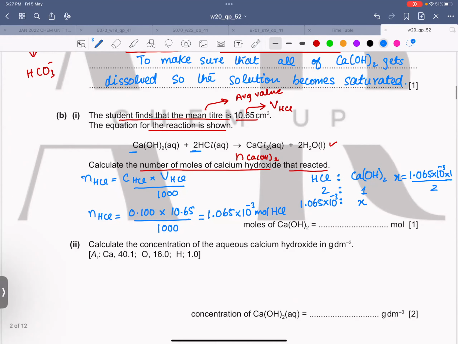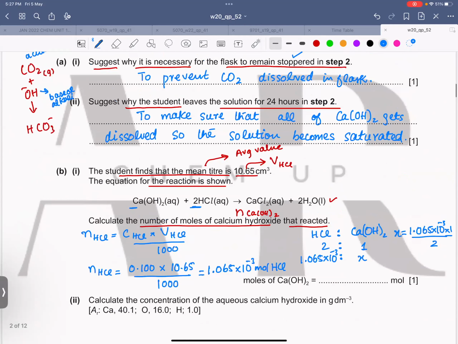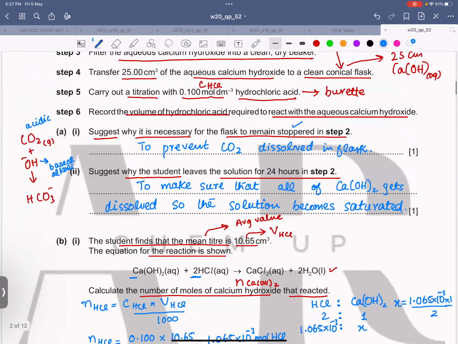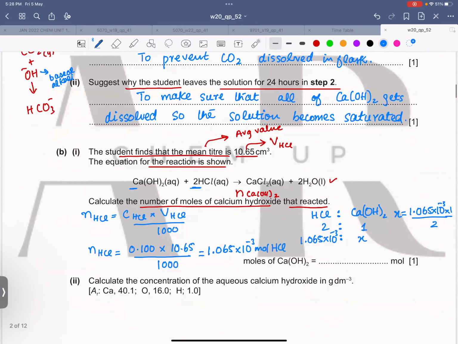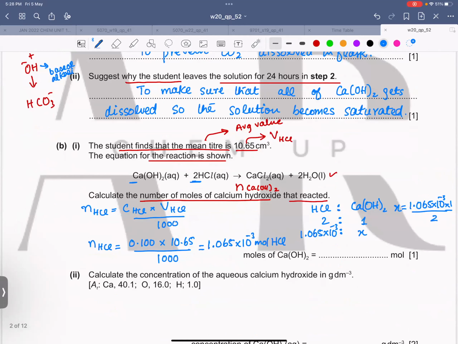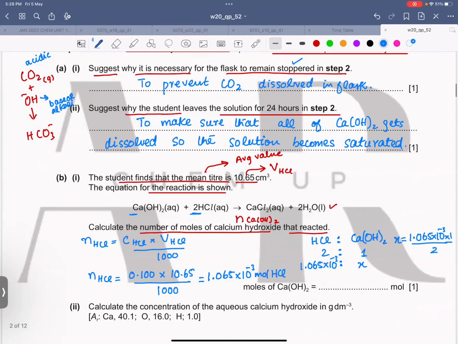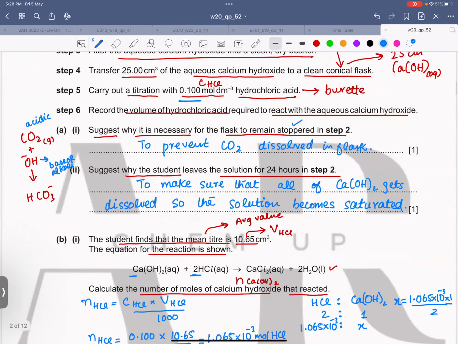Can anybody tell me the value, please? 5.3 into 10 to the power minus 4. Don't tell me two significant figures, remember? Okay. 5.32 into 10 to the power. Okay, but I'll suggest, in this question you are observing that there are 3 decimal places or 4 significant figures, and here as well.